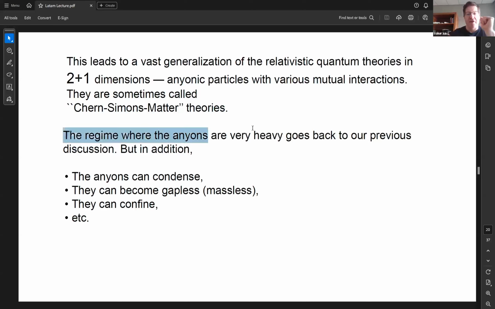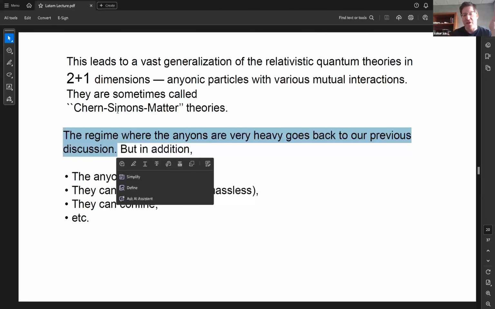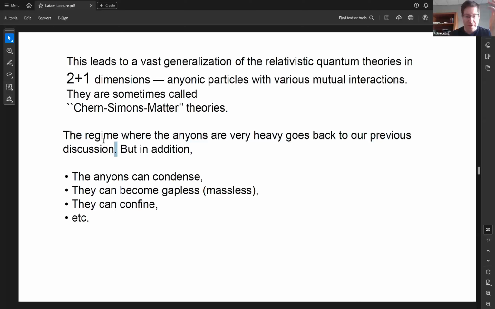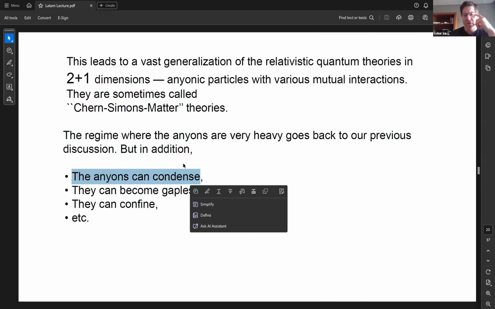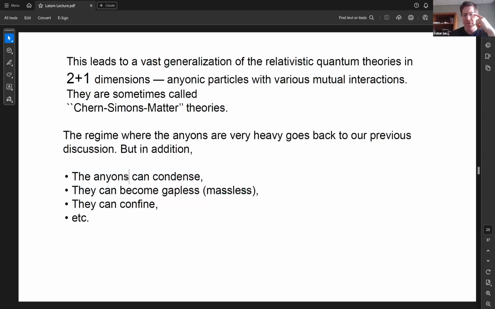So if the anyons are very heavy, you don't need quantum field theory. You can use first quantization. Anyons are not created from the vacuum, and you can just go ahead and try to solve for the wave functions. But when the anyons become dynamical, many interesting things start happening. First of all, the anyons can condense. So even though these are not bosons or fermions, they may condense.